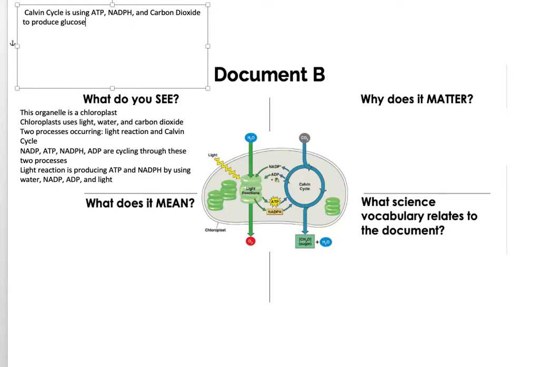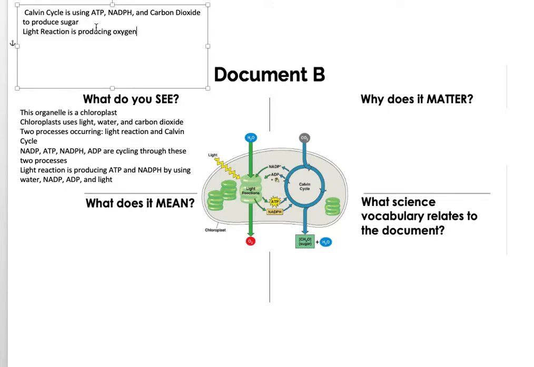We should say glucose. We'll say sugar. It's used to produce sugar. And our light reaction is producing oxygen.